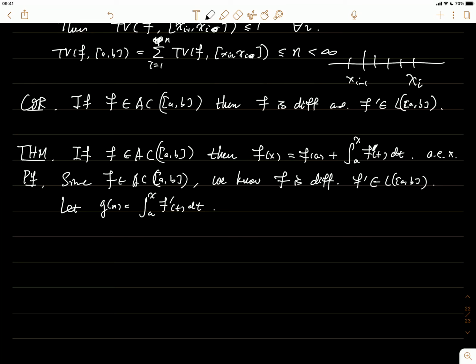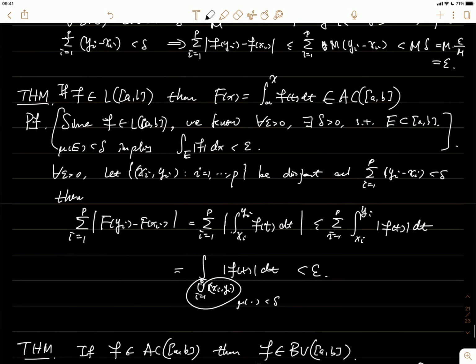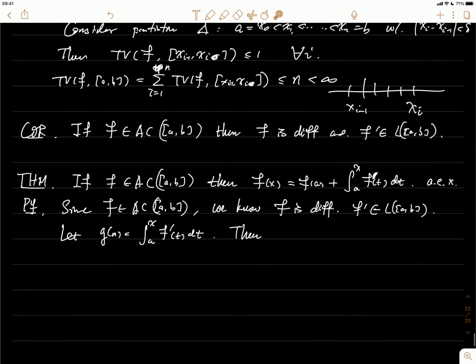Then, because it's an integrable function and we're taking the indefinite integral, recall the result here. So this is f prime, which is integrable, and then we have this g of x. So that means g of x is in AC.